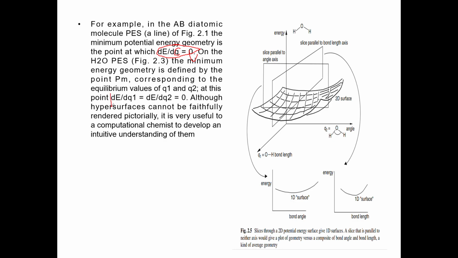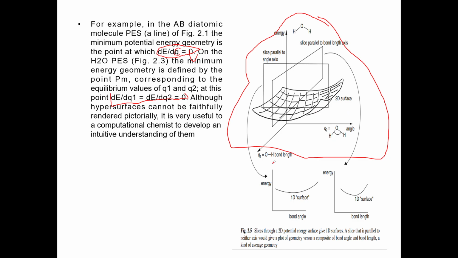For the water, the derivative of energy with respect to Q1 and the derivative of energy with respect to Q2 are equal to 0. It means that we have the three variables, and we have the surface again in Q1 and Q2, and we test the slice here.